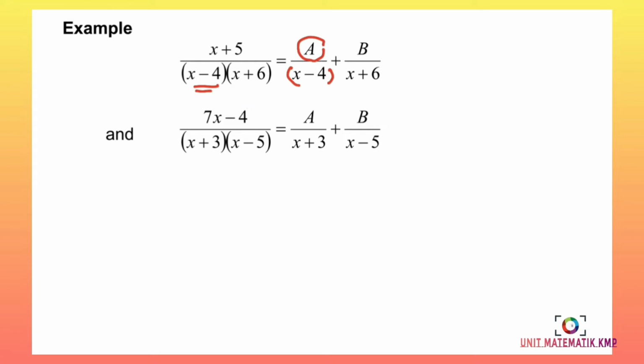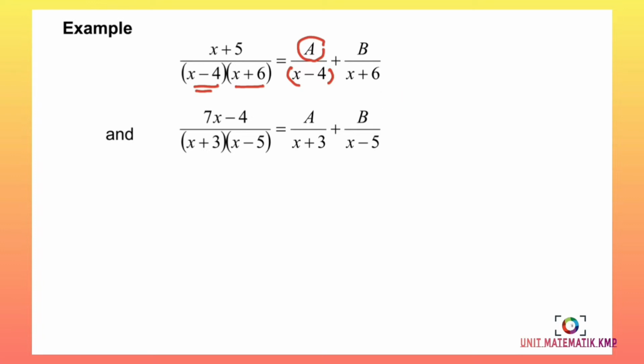The second factor is also linear, so it should be a constant too, which we denote as b. So (x plus 5) over (x minus 4) times (x plus 6) is equal to a over (x minus 4) plus b over (x plus 6).